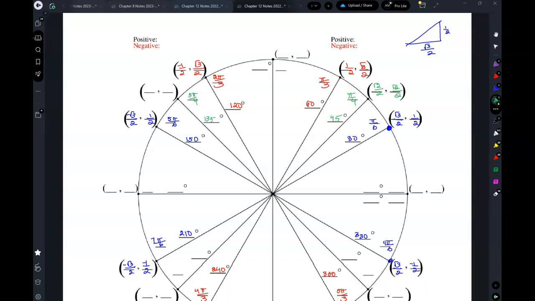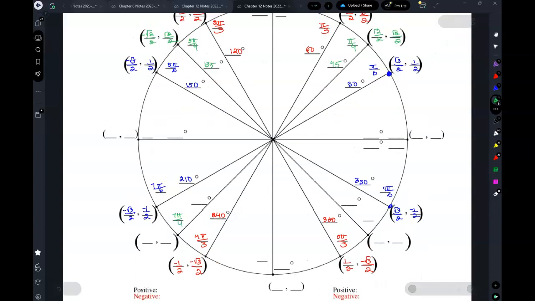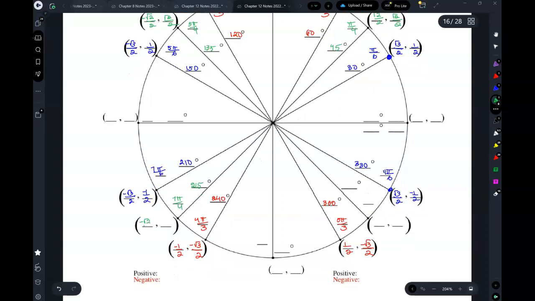How much do I go? Right. And then 7π/4, which is 215 degrees, both negative. And then how much is the other one?